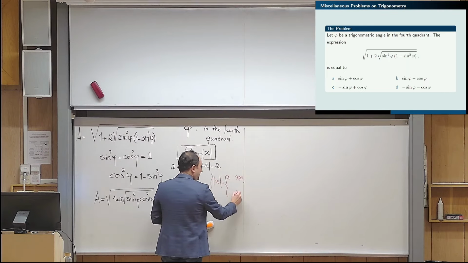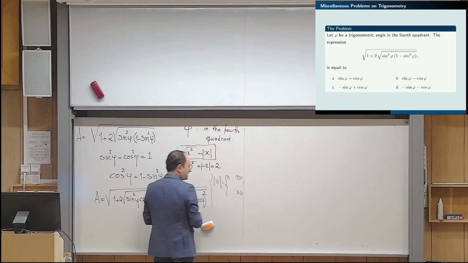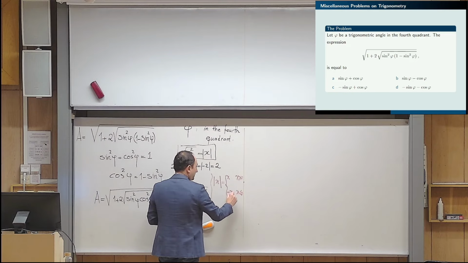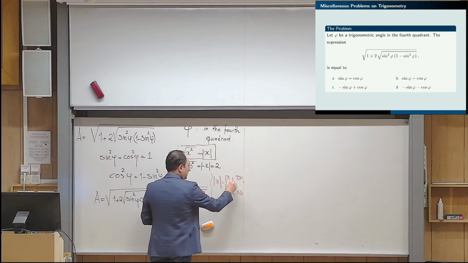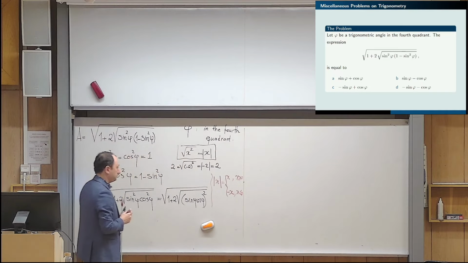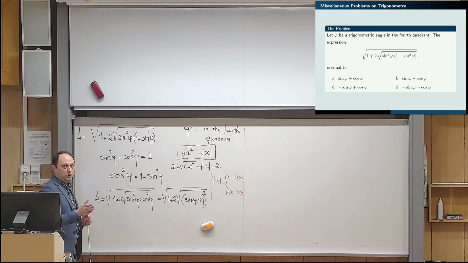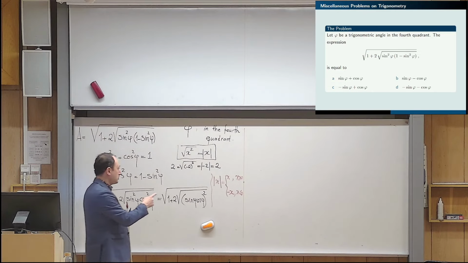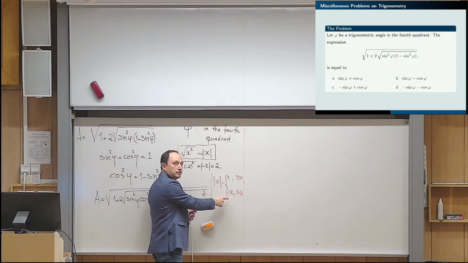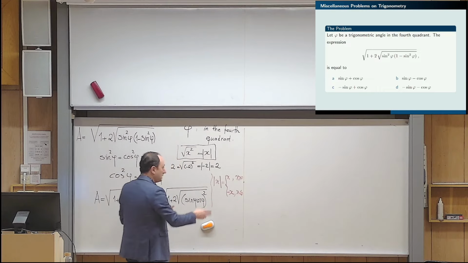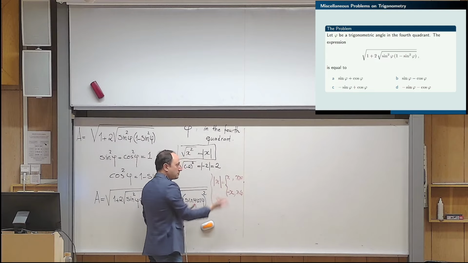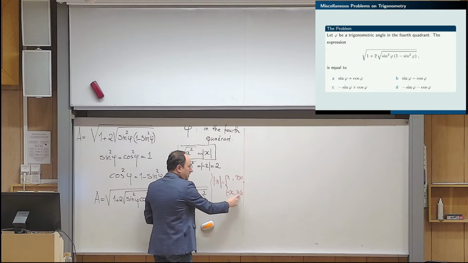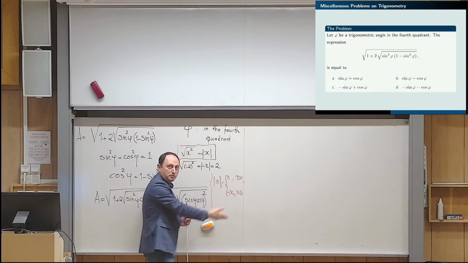But if I am certain that the expression is negative, I can still remove the absolute value sign, but I have to apply a minus sign overall to the expression. So the absolute value of x is equal to x if x is non-negative, and equal to the negative of x if x is negative. In any case, the output of an absolute value is positive, because if x is negative, minus x is still positive.